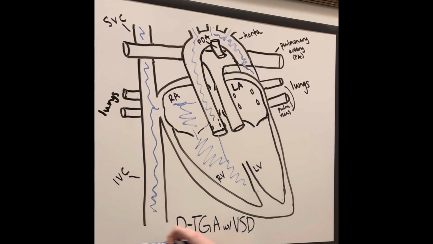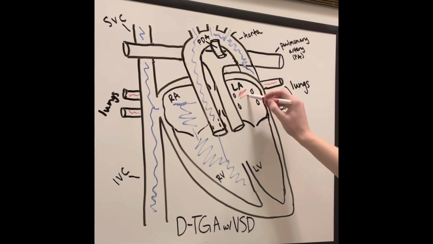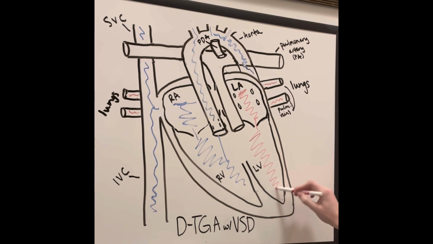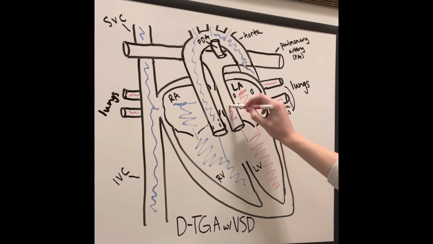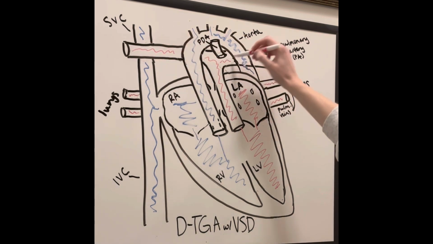And then in a separate loop, blood from the lungs is coming back with oxygen, going to the left atrium, then going to the left ventricle, and then going right back to the lungs to pick up more oxygen.